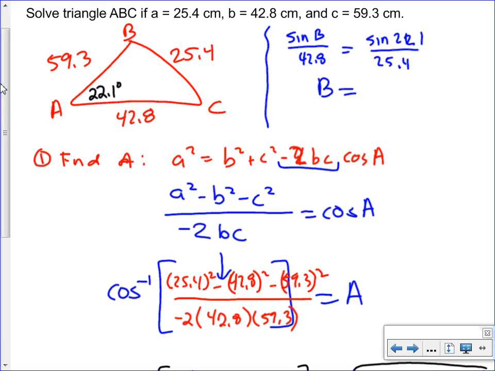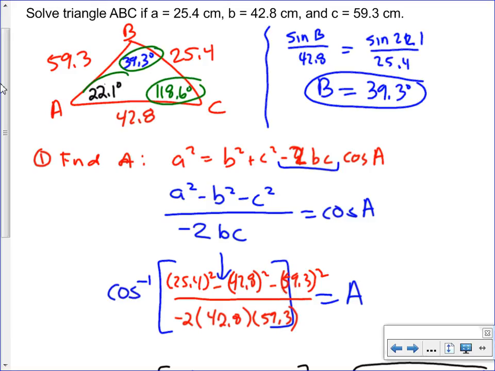So if you use law of sines, 39.3. So this is 39.3 degrees, and angle C would have to be, 1, 2, 3, done. Right?